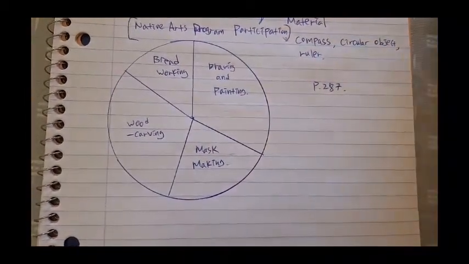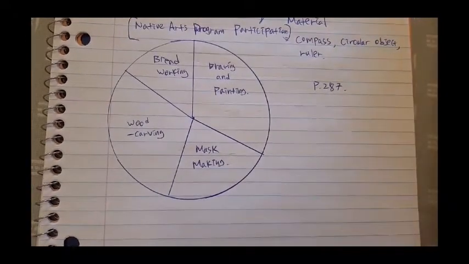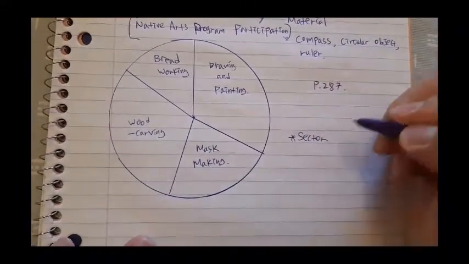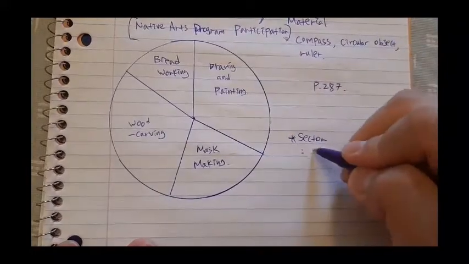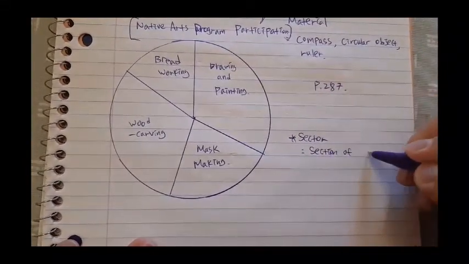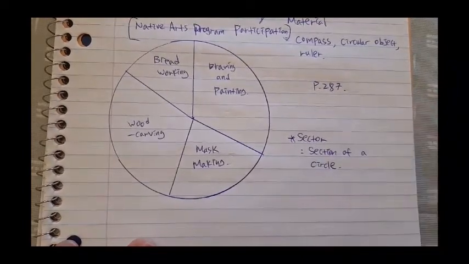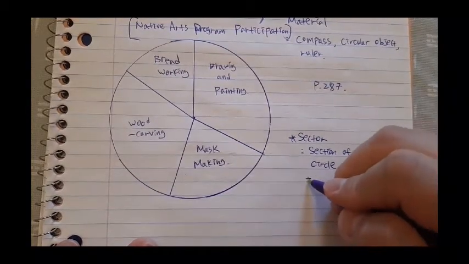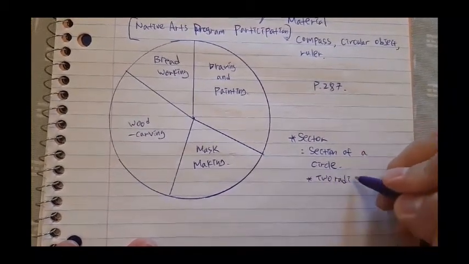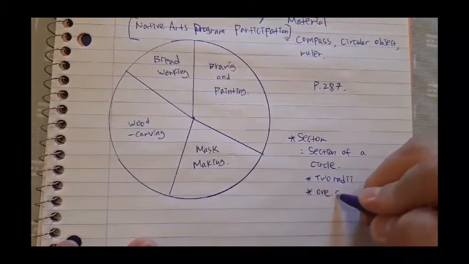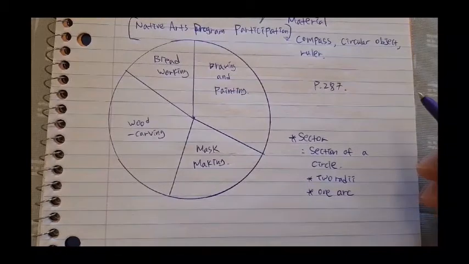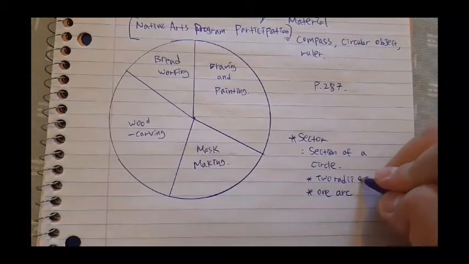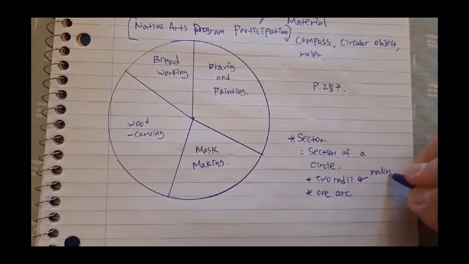So one thing that you need to understand is that a circle graph has to have different sectors. A sector is basically a section of a circle formed by two radii and the arc. I'm going to explain what the arc and radii are. Radii is the plural of radius, more than one.